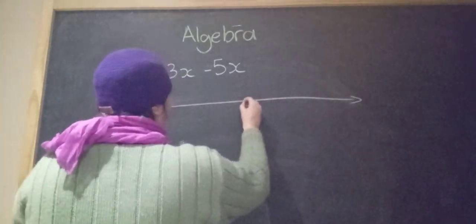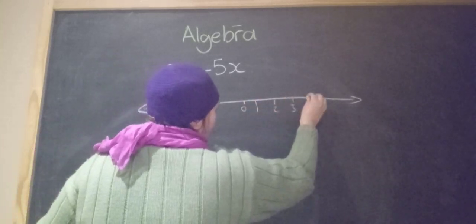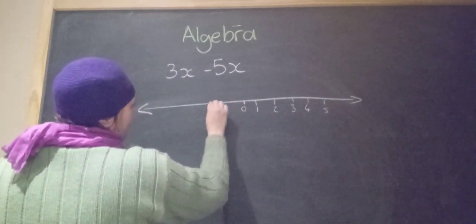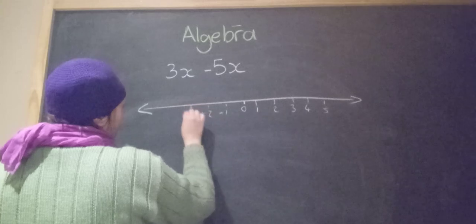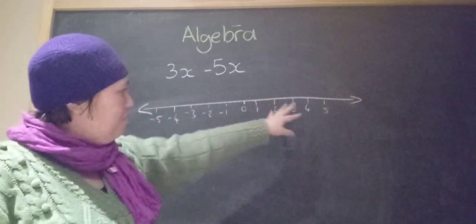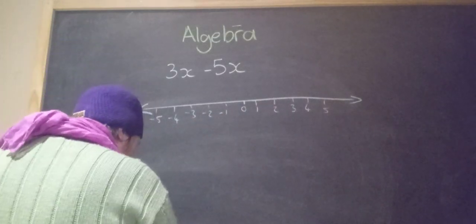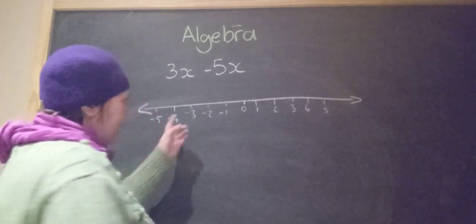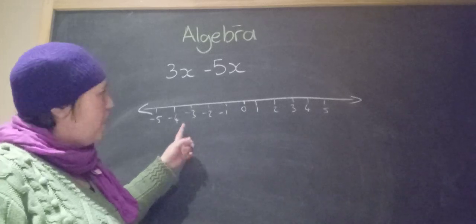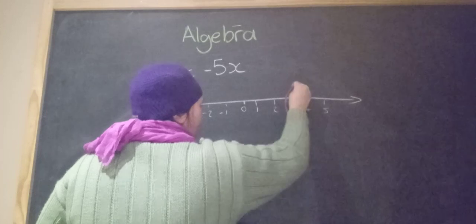So let's put the 0 there, and then 1, 2, 3, 4, 5, and here we've got minus 1, minus 2, minus 3, minus 4, minus 5. If you are unfamiliar with the negative numbers, and it's something that you struggle with, think about it like this: here I have money, here I owe money. So in this sum, I have 3 of the stuff.